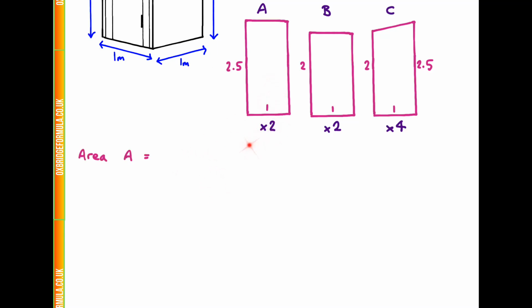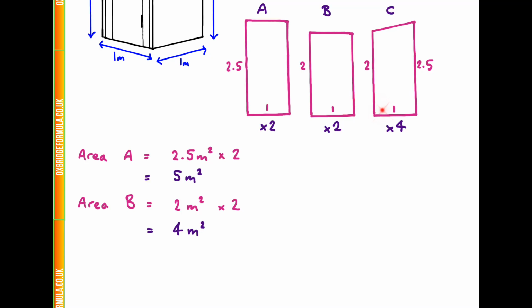We have 2 of these, so the amount of A area that we're painting is 2.5 times 2, which is 5 square meters. What about the amount of area B? So the area of one of these rectangles is 2 times 1, which is 2 square meters. We've got 2 of them, again, giving us 4 square meters of B that we need to paint.